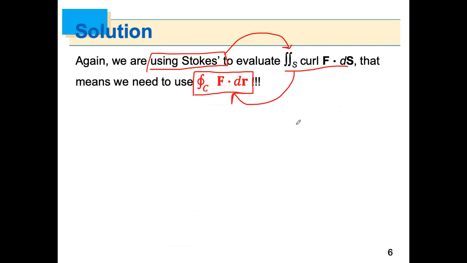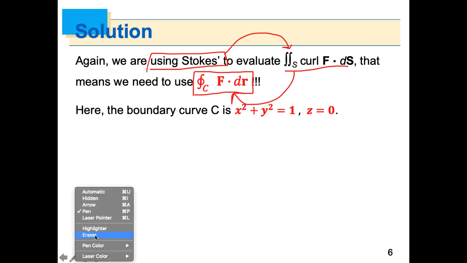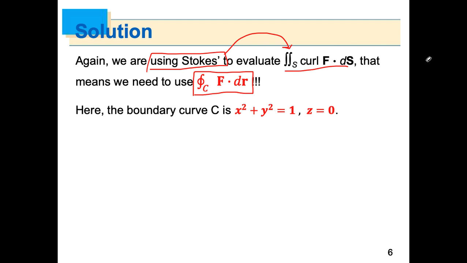So I'm not really going to concern myself with the surface. What I'm going to concern myself with is the curve on the floor. Essentially, I'm going to concern myself with the boundary curve on the floor, x squared plus y squared equals 1, and z equals 0. And this is going to be true on your final exam.